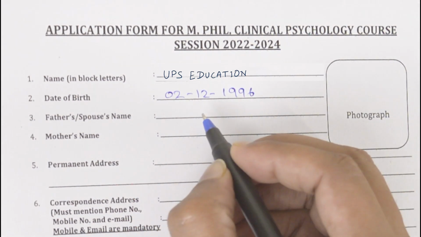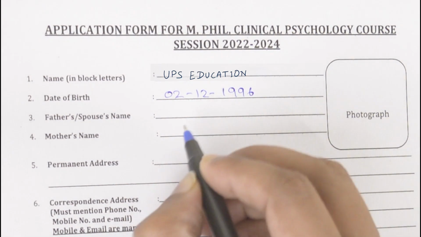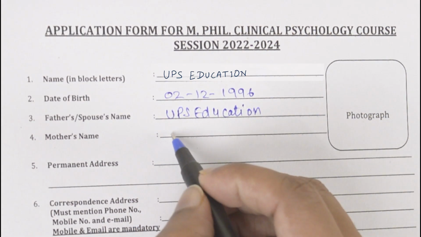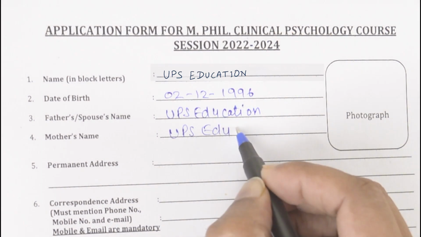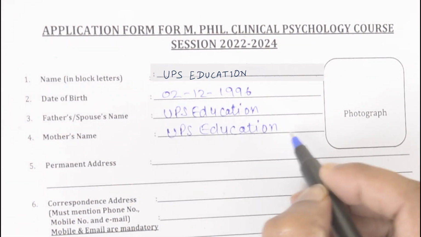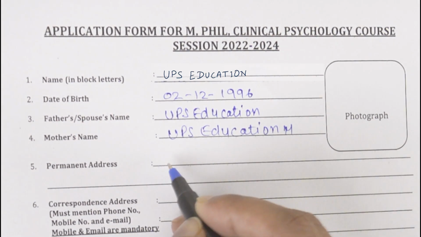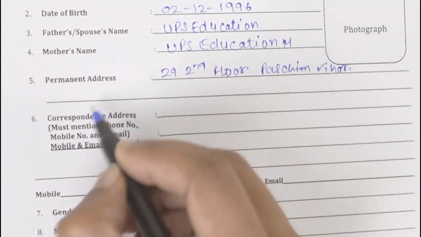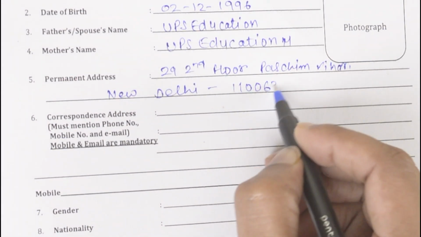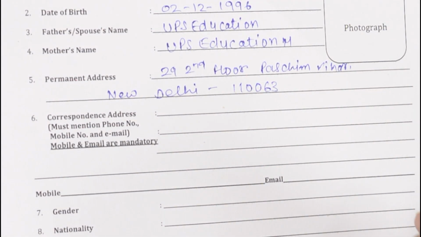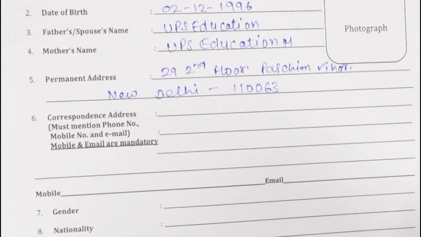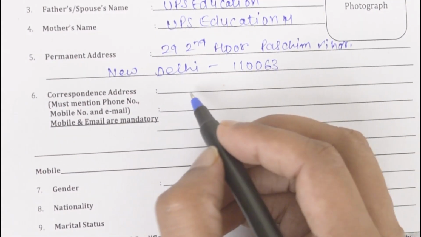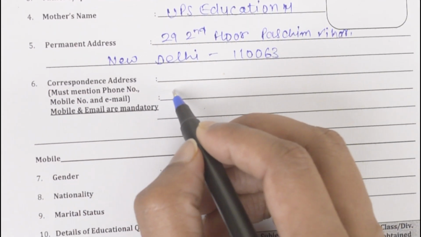Now here on number three you mention your father's or spouse's name, mother's name, your permanent address, you fill up your complete address. Next, your correspondence address. That could be the same or different, depending upon you. So you can fill up your address here.